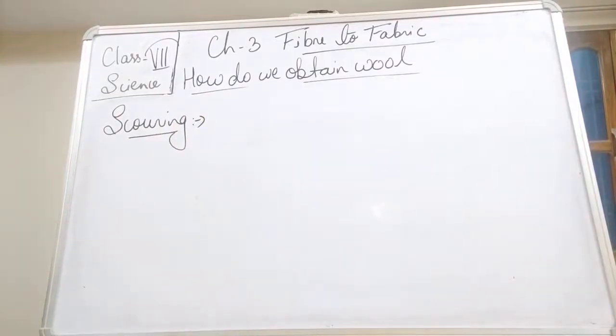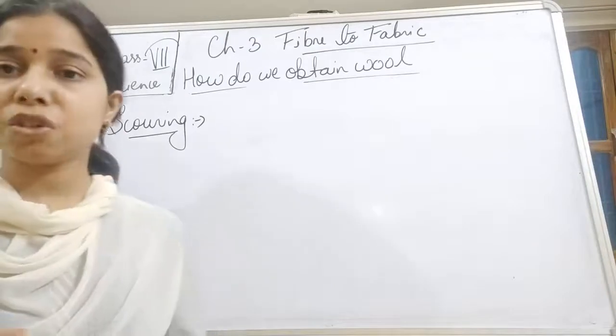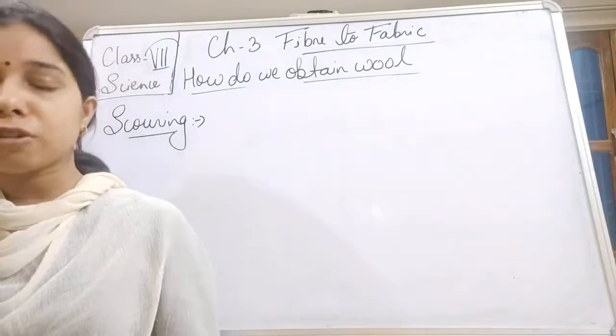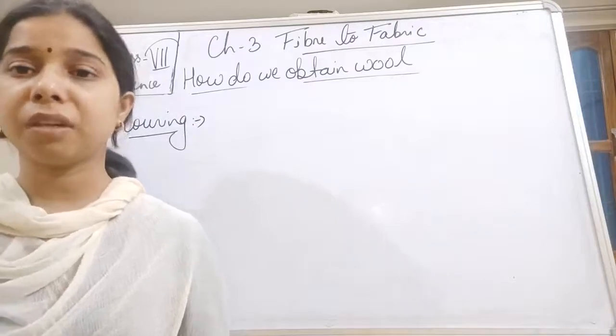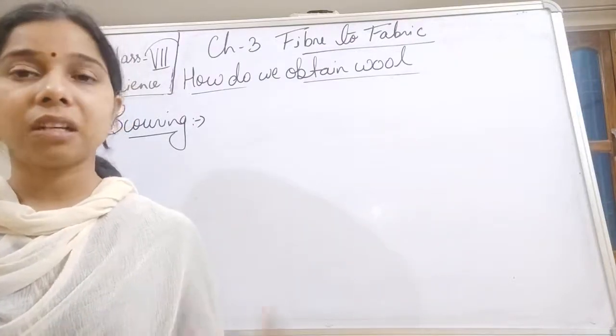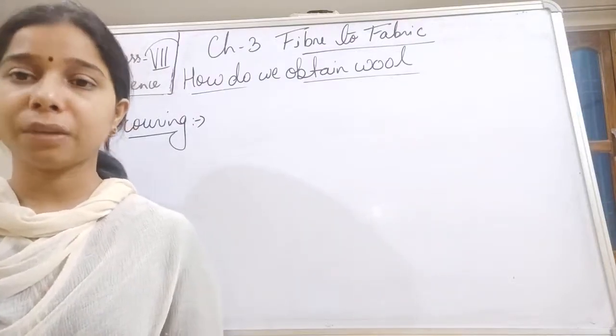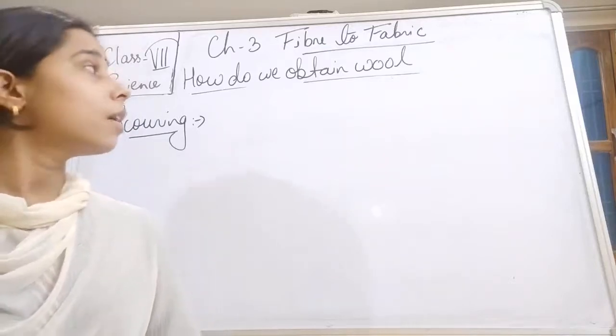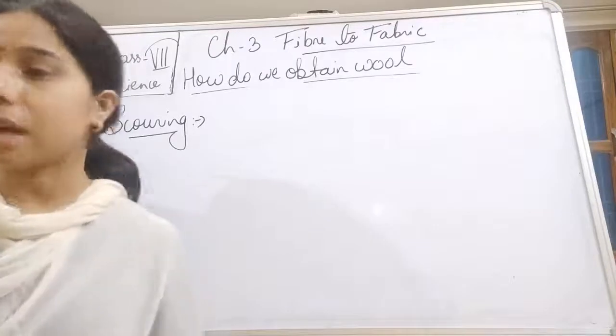What is there in scouring? Now the fleece of the sheep which we have obtained by the process of shearing consists of dirt, dust, oil and grease, and it is important to remove all such things. So this process is called scouring.